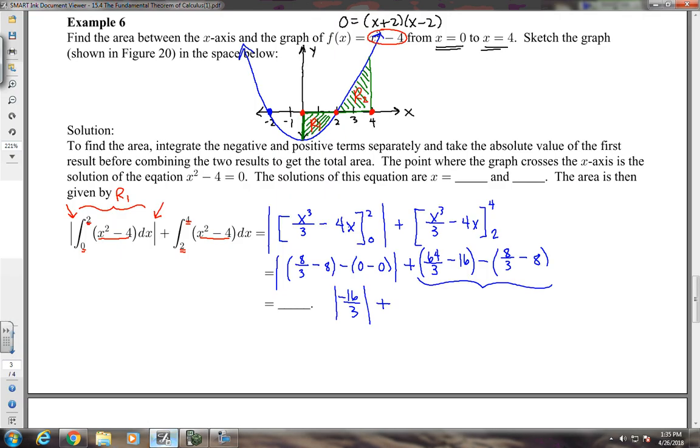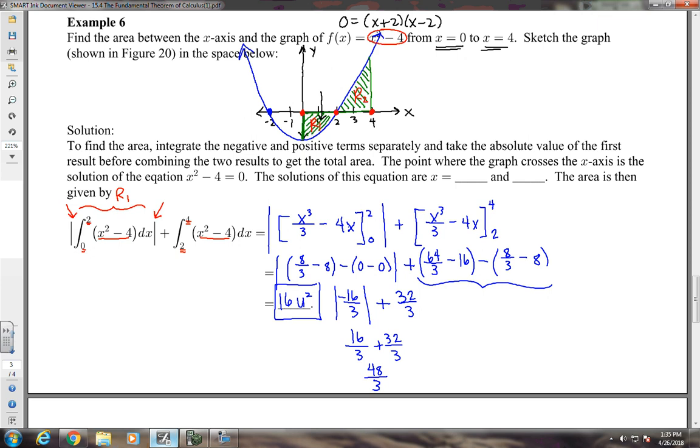So we have negative 16 over 3 plus 32 over 3. When we take the absolute value there, that's positive 16 thirds plus 32 thirds, which gives us 48 over 3. And that reduces nicely to 16 square units. Okay? So if we want to analyze this, make sure we understand what we did.